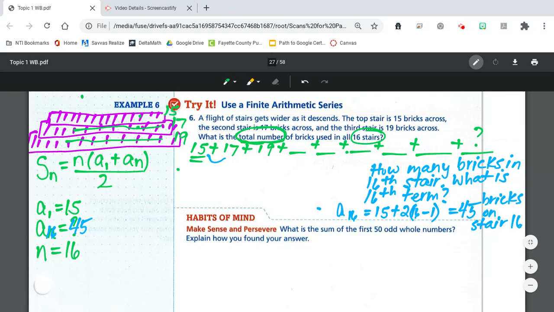So I'll substitute it in, draw a line because that's other work. So S sub 16 equals 16 times the first term 15 plus the last term 45 all over 2.